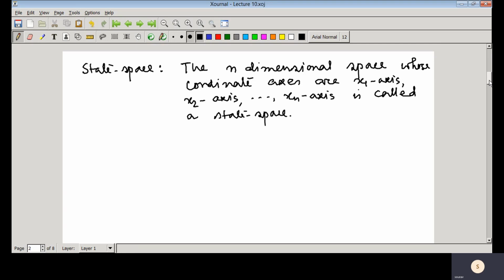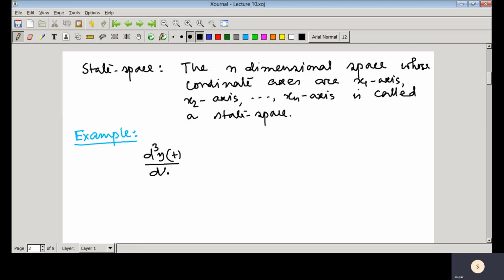So now we'll see one example. So let us take one simple third order differential equation.